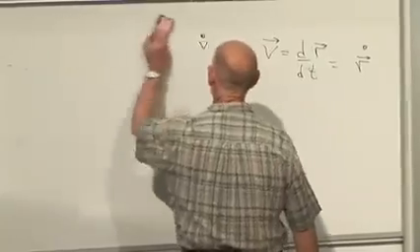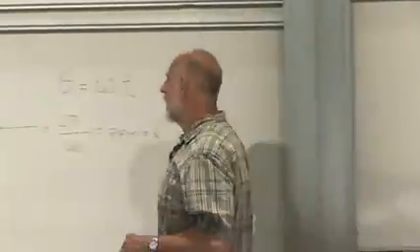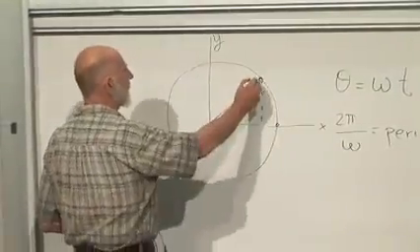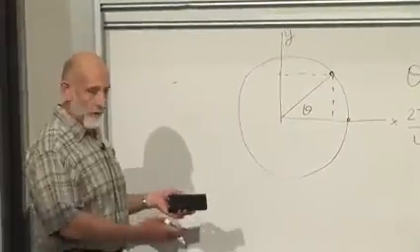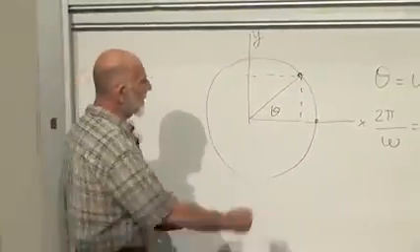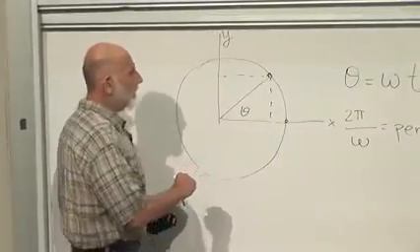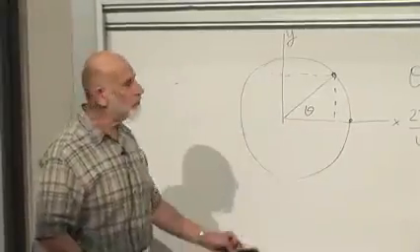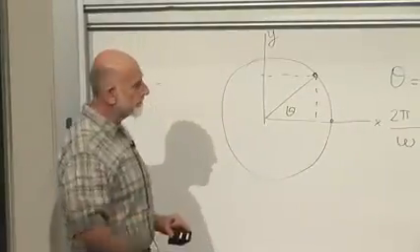But let's now consider what are the x and the y components of the position of the particle. And that's easy. Let's have it moving around on the unit circle for simplicity, which means radius equal to 1.